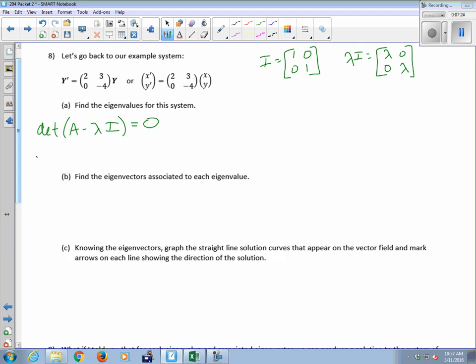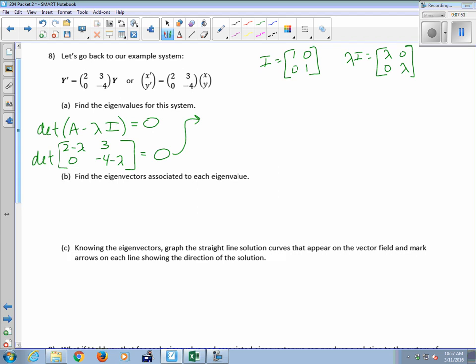So this becomes the determinant of 2 minus lambda, 3, 0, negative 4 minus lambda, which equals 0, and we'll solve it for lambda. The determinant of a 2 by 2 matrix, you just do AD minus BC.